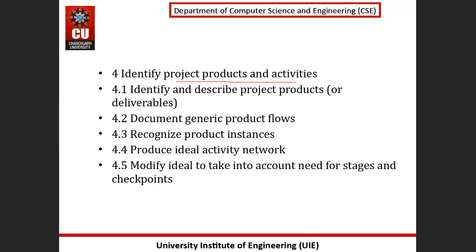That there are no activities that do not produce a tangible product. Identifying all the things the project is to create helps us to ensure that all the activities we need to carry out are accounted for. So under this we have first identify and describe project products or deliverables. We'll identify which kind of product we need to deliver, what is the final output, what is the final outcome.